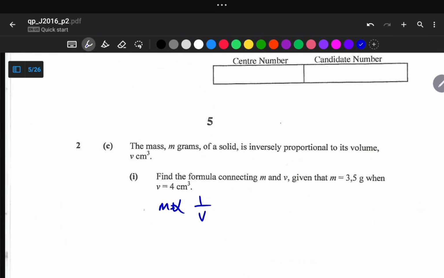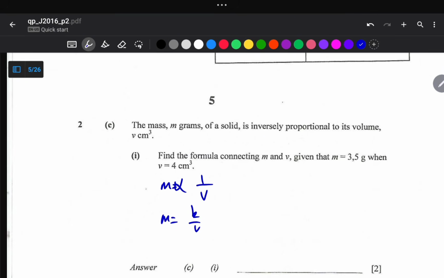So for us to remove this proportionality sign, we are going to introduce our equal sign and then a constant. So it is m being equal to k over v. Given that our mass is equal to 3.5 and our v is equal to 4 cubic centimeters, it is k over 4.